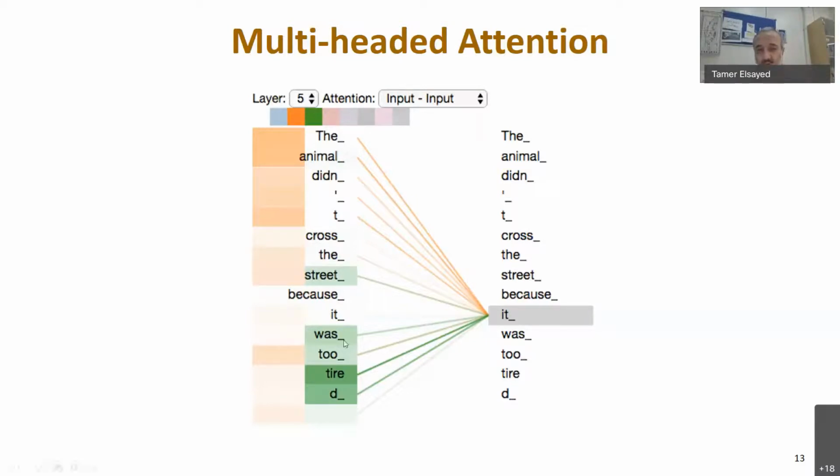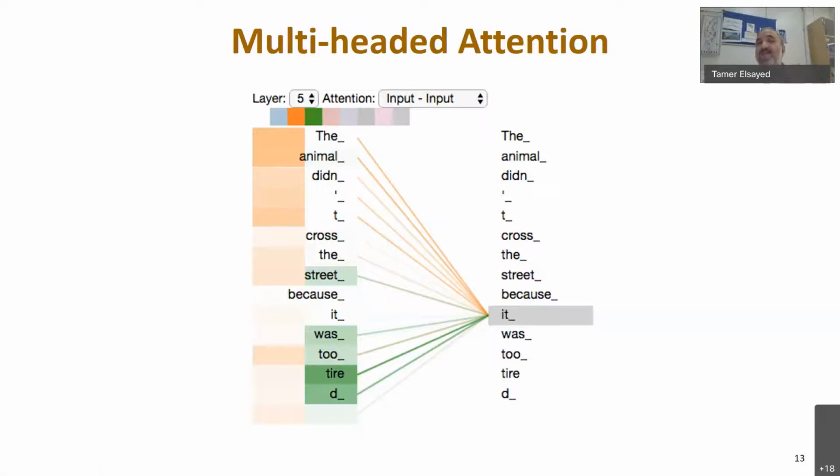This is another head that relates it to tired; you see the weight to tired here, which is 2, by the way. So one head attended the animal to it, and another attended more to tired.